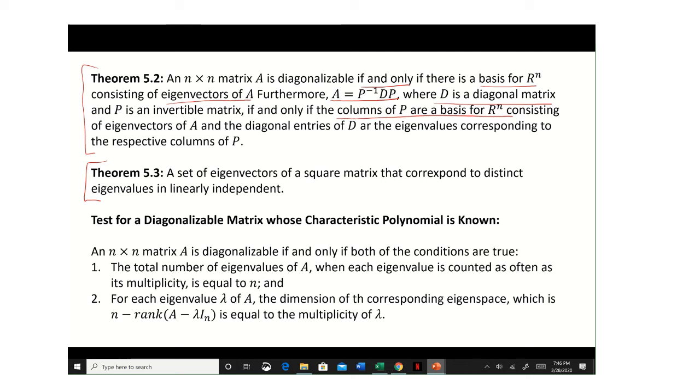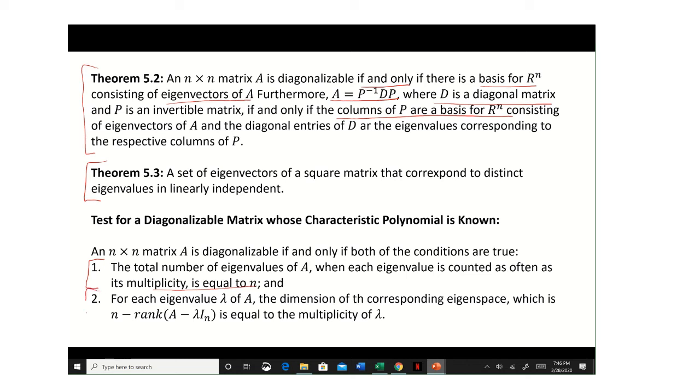There are two conditions that have to be met. First is that the total number of eigenvalues of A, when each eigenvalue is counted as often as its multiplicity, is equal to n. So take all the eigenvalues, take all the multiplicities, add them all up, and if that's equal to the number of rows in your matrix, you've met your first condition.